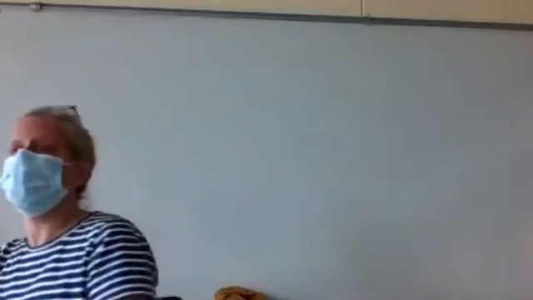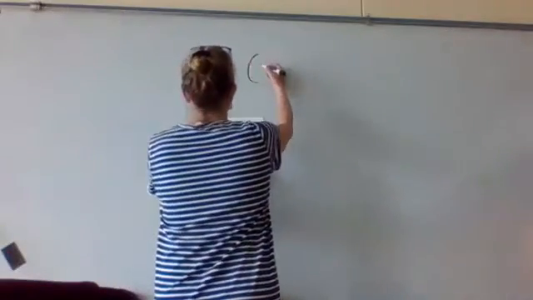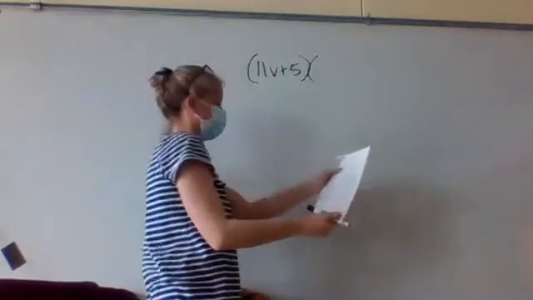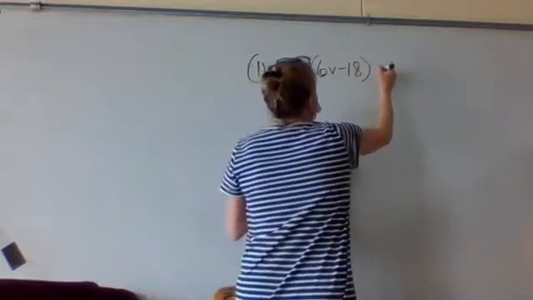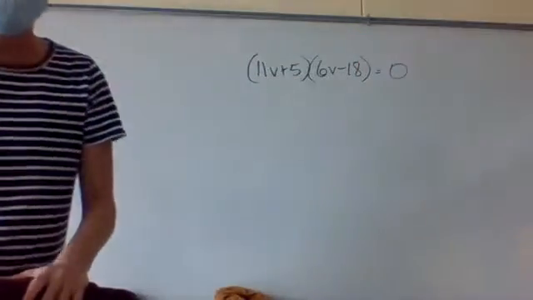The number 1 in the support goes right along with the number 1 that we had in 8.6. It gives us 11v plus 5, 6v minus 18 equals 0, and it says the solutions are blank.